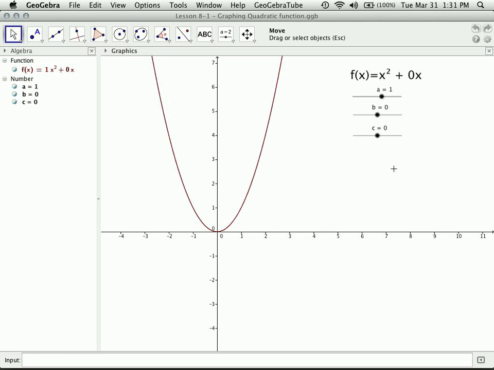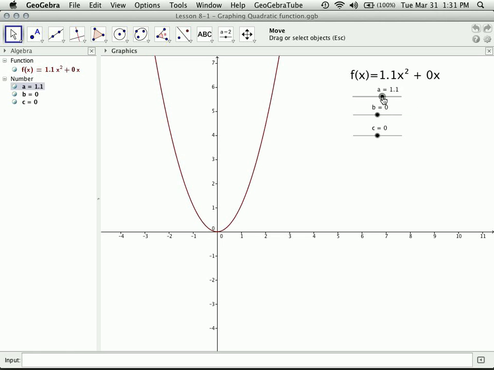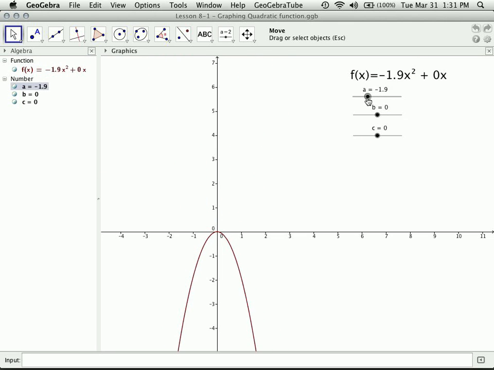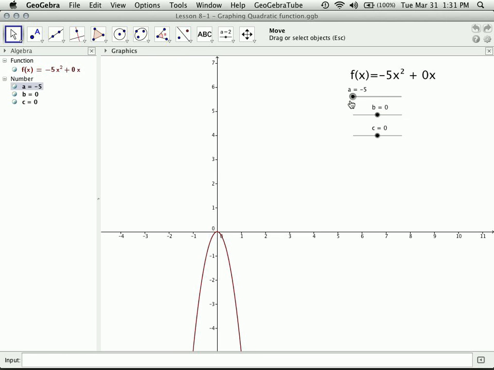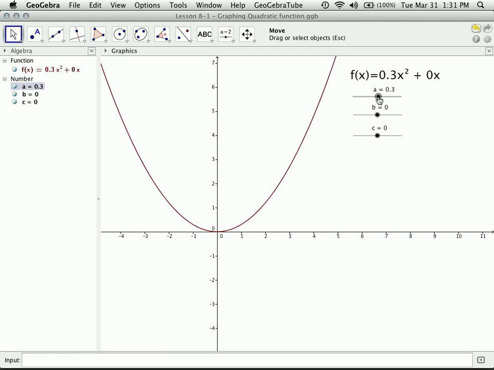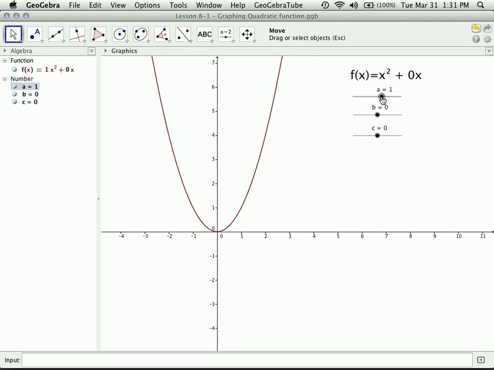So first I'm going to change a. Let's see what happens when I change a. Watch what happens when a turns to 0. What happened to it? Hold off. Let me put it back to its original.